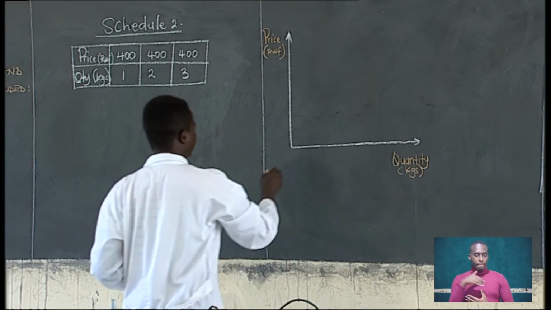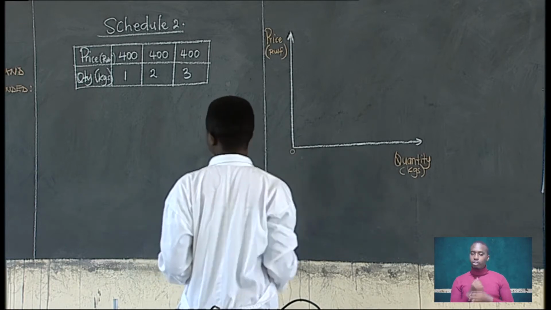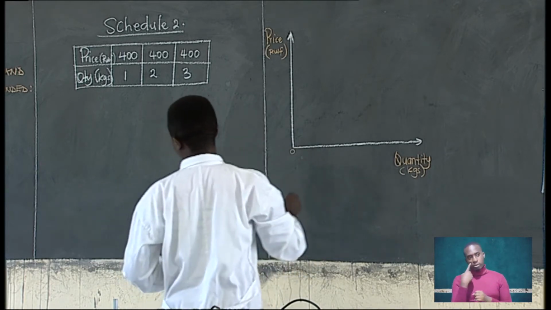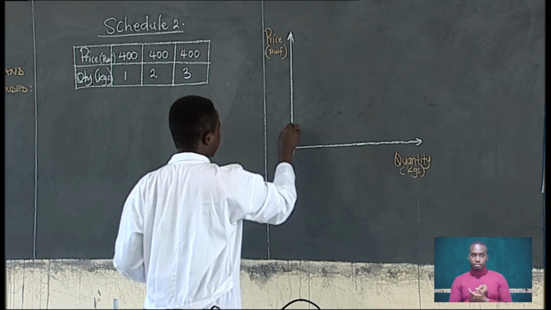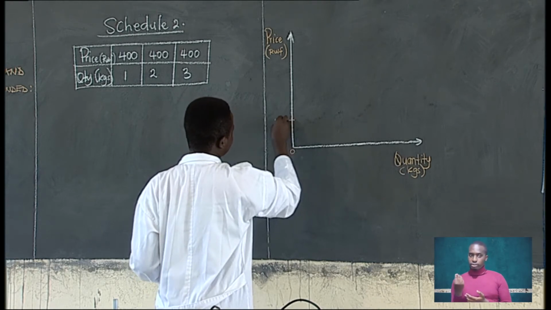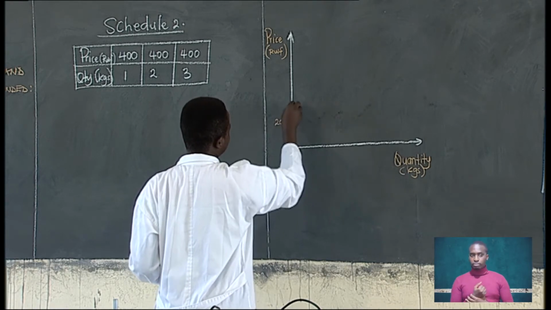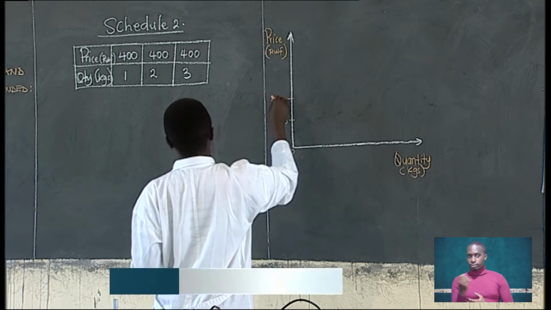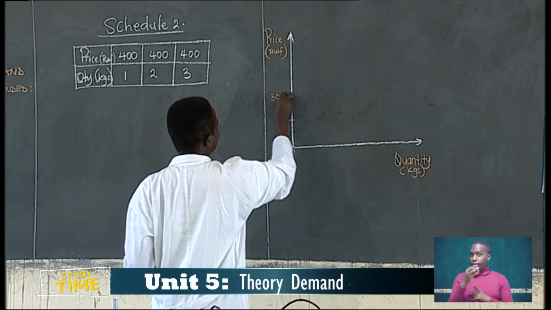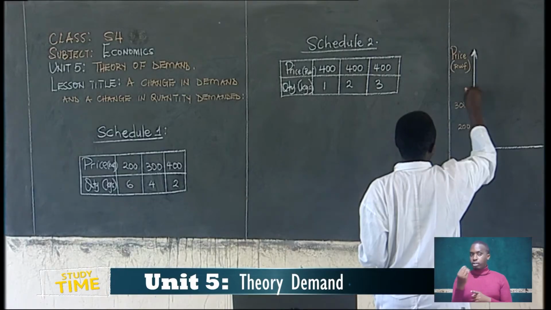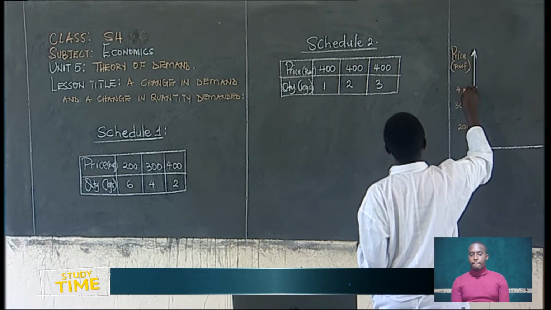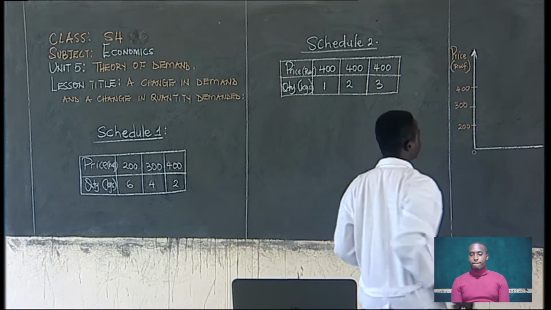Then you can check, on price we have 200. Then the price increased to 300, then from there it increased to 400.